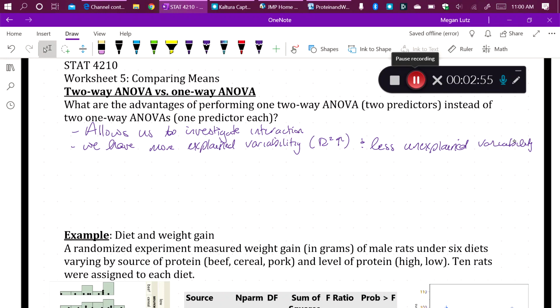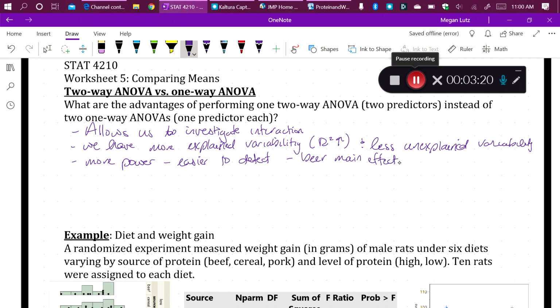If we have more explained variability, that also means we have more power. It's easier to detect any effects that might exist. So it's easier to detect a beer main effect if it's present, because we've reduced the unexplained variability.